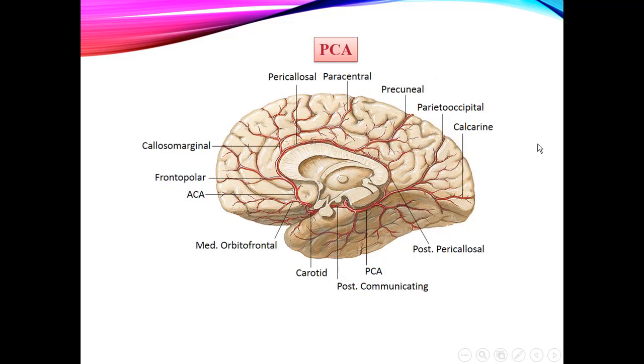And the PCA or posterior cerebral artery, this artery originates from the basilar artery, not from the internal carotid artery, okay?